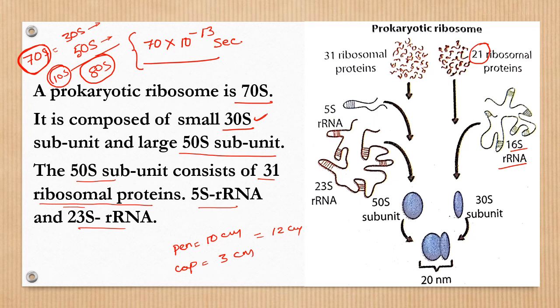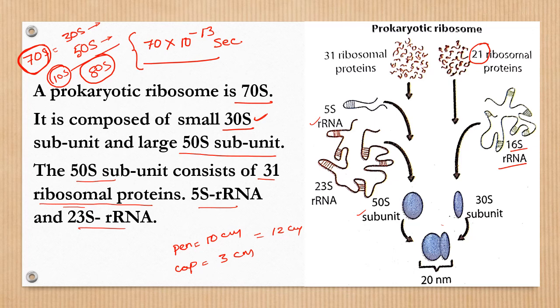Here it is represented. The ribosome has the larger subunit and the smaller subunit. The larger subunit is made up of 5S rRNA and 23S rRNA, which together form the 50S subunit.